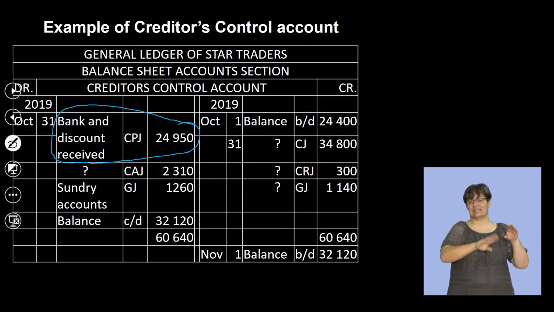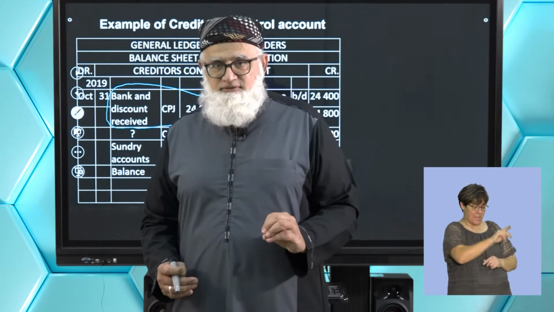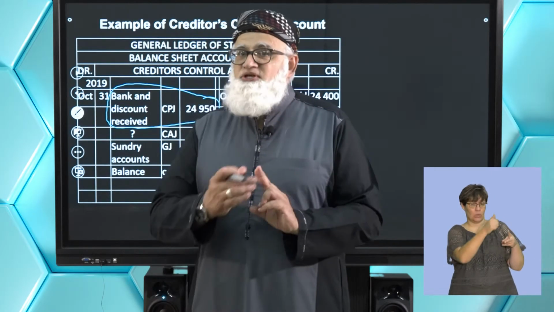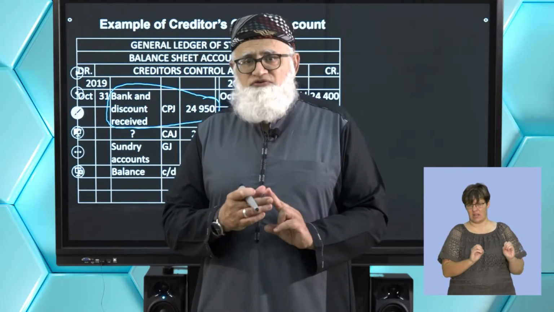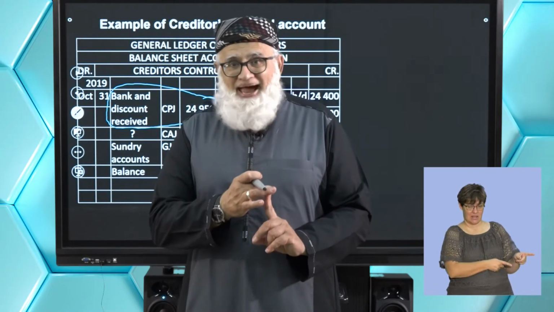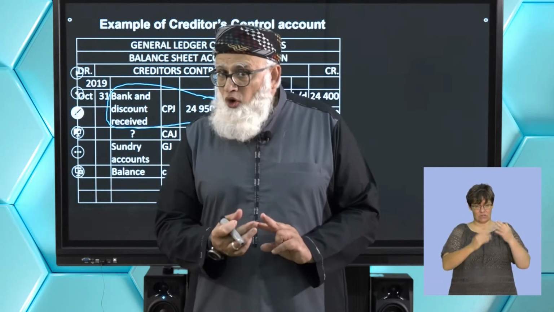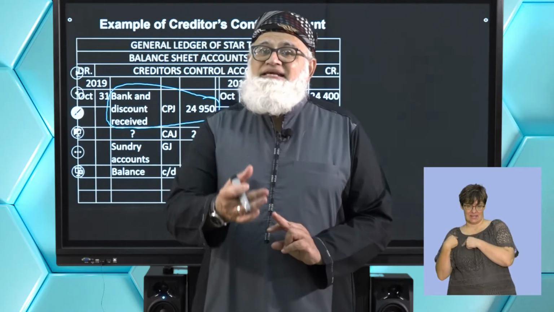Step number one, when you pay your creditors, two accounts are involved. Let's assume there's no discount. You just settle the amount of a creditor. You credit your bank. Why?